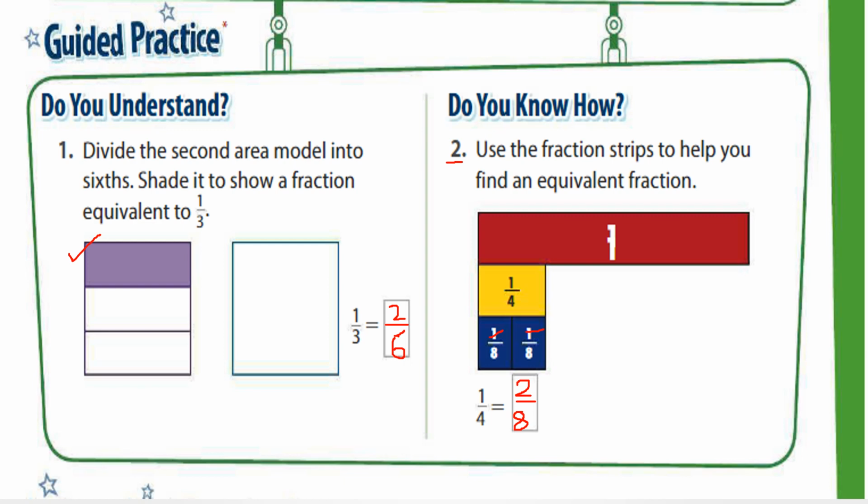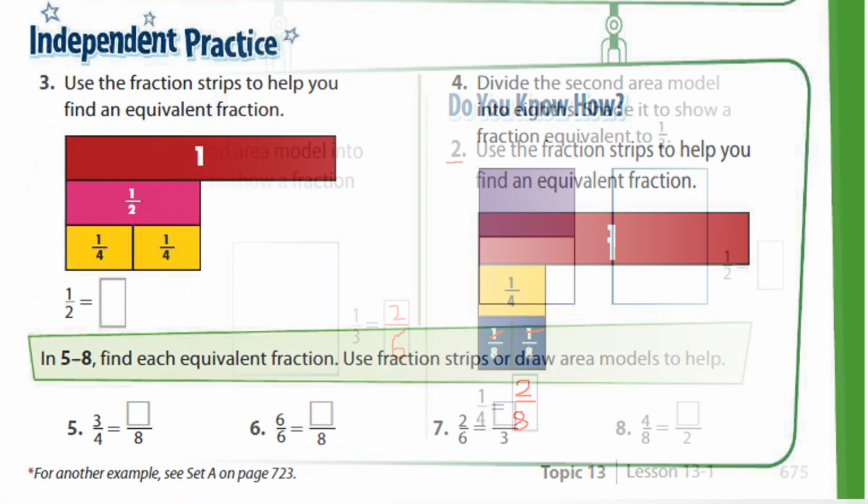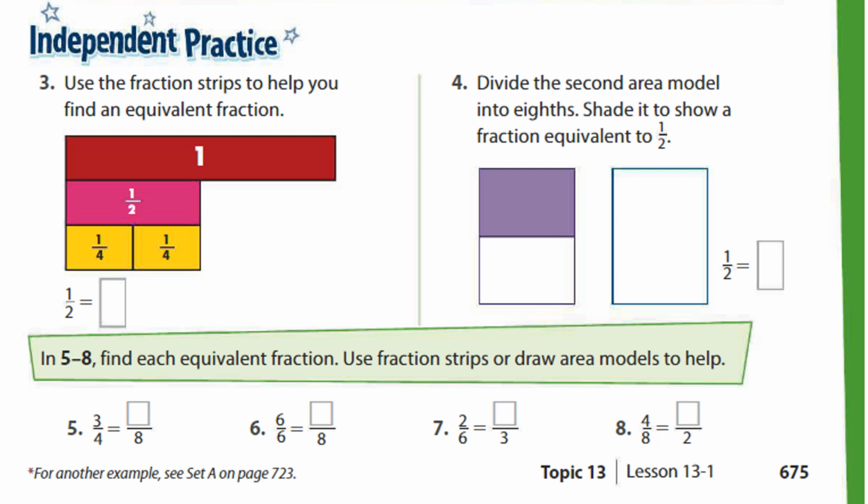You can see the numerator 1 plus 1, 2. 4 plus 4, 8. Okay, question 3. Simply, you have to write the equivalent fraction for the half. So half is equal to, so just write it here, double the numerator and double the denominator.